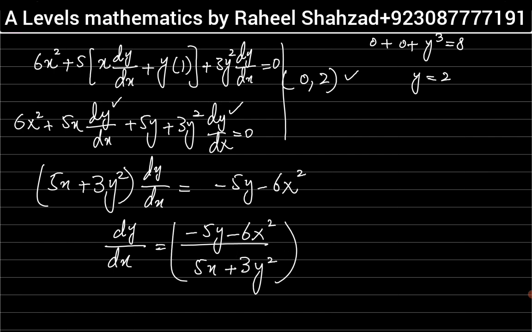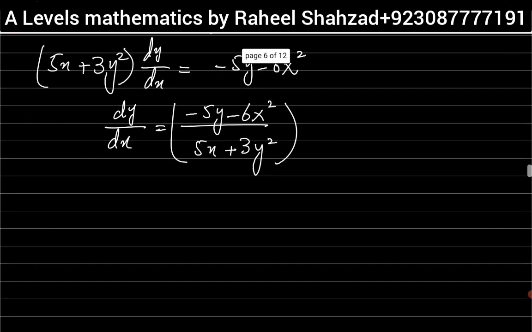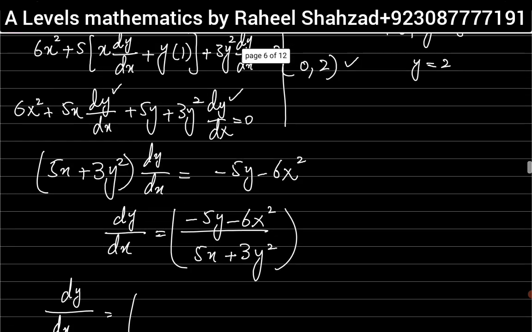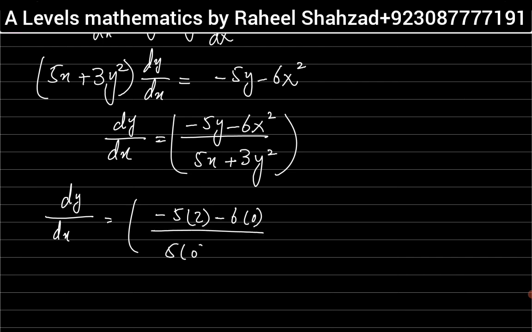Now this is your dy by dx. At which point they want us to find? It's 0 and 2. So we are going to substitute 0 and 2 now. dy by dx is equal to, x is 0 and y is 2. So it's going to be minus 5 into 2 minus 6 into 0 divided by 5 into 0 plus 3 into 2 square.